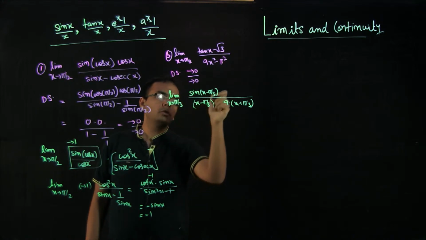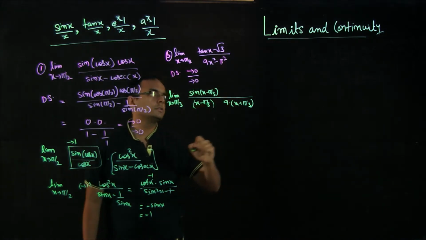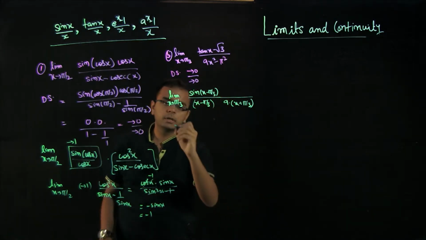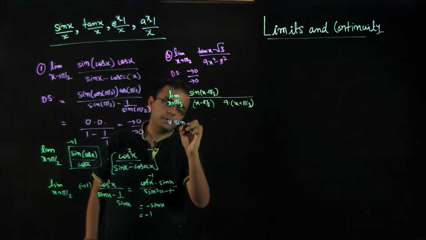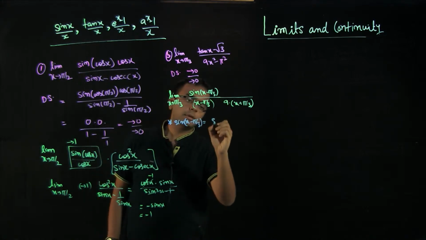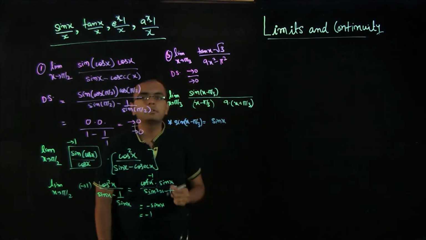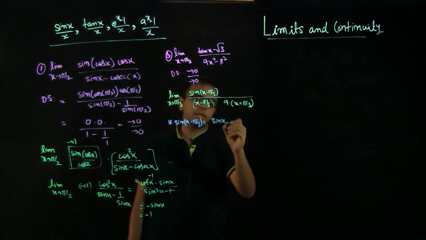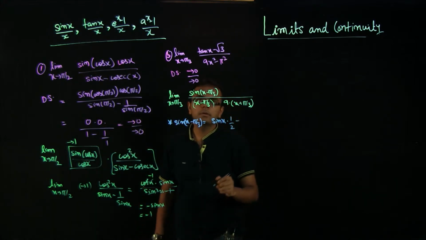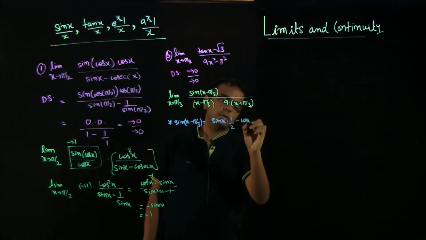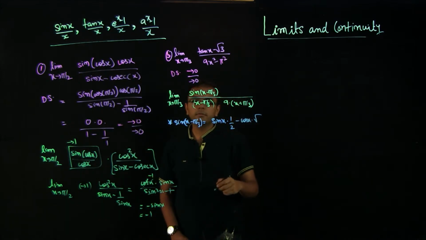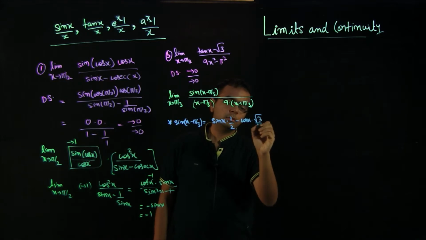So we want to basically create this. Let me write it with another pen so that you don't get confused. Let us expand sin of x minus pi by 3. It is equal to sin x cos of pi by 3, which is cos of 60 degrees, nothing but 1 by 2, minus cos of x into sin of pi by 3, which is root 3 by 2.